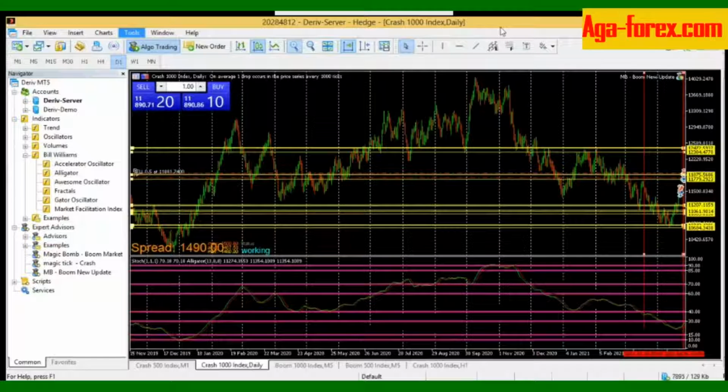Look at it here, high, lower high, another lower high, another lower high, lower low here, another lower low. So the market carved another lower high. So there is high tendency that this market may retrace down, but only time will tell.